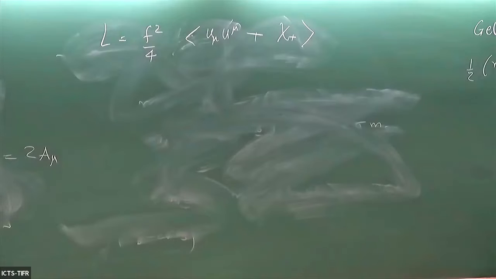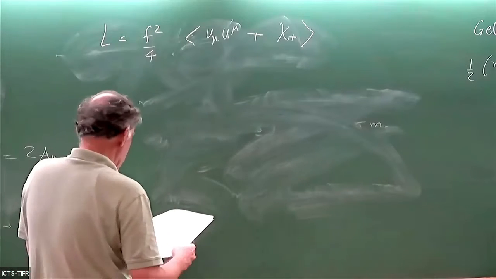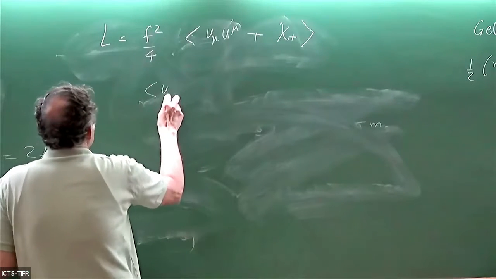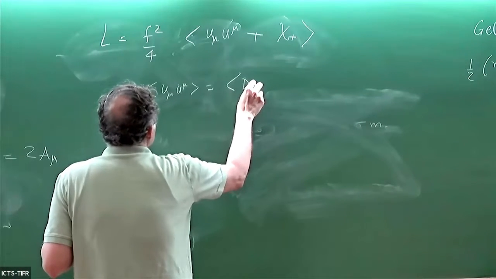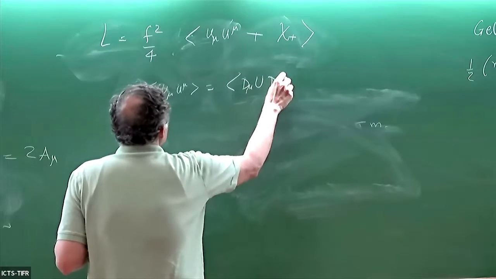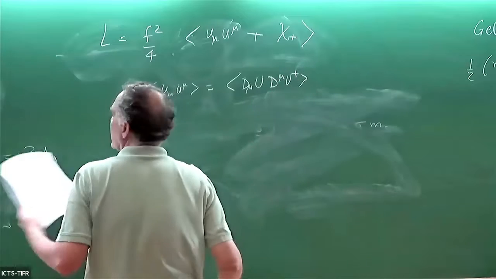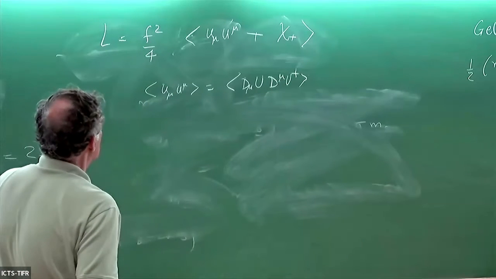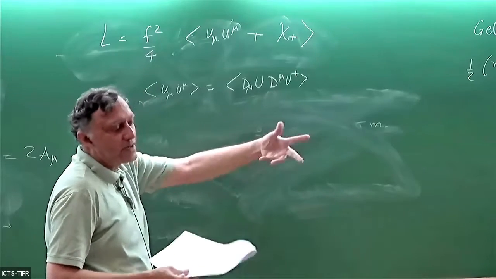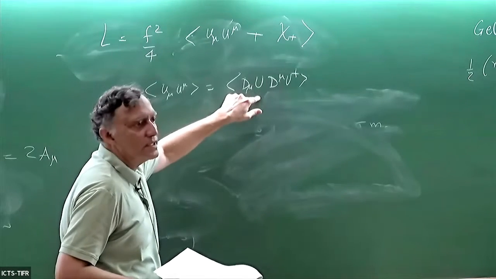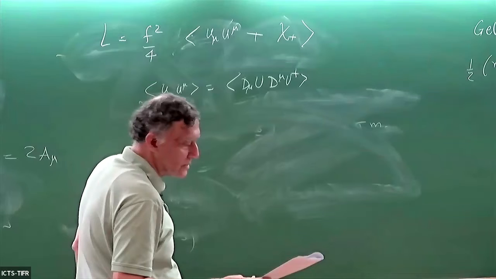I mentioned that absorbing the 2B into the m makes its coefficient f²/4. And I'll leave it as an exercise for you to show that the trace of little u_μ u^μ is the same as ∂_μ U† ∂^μ U, which is the same as ∂_μ Σ† ∂^μ Σ. It's in my notes, but let's not waste time on it. I wrote it this way because we can now have background flavor fields. So this ∂_μ here includes the background flavor fields.